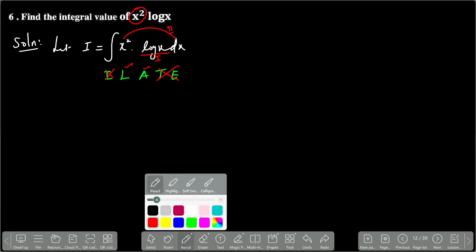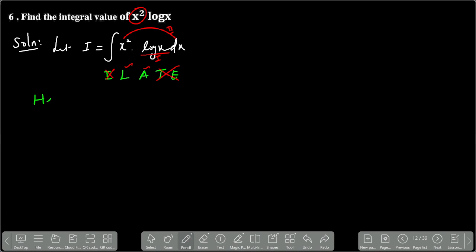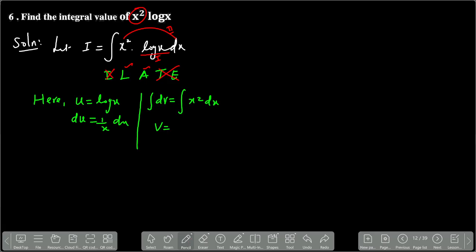Now what are we going to take here? Here u equal to log x, du equal to 1 by x into dx, correct? And second function integral dv equal to integral of x square dx. Now what is v? Integral of x power n plus 1 by n plus 1, so here x cube by 3.